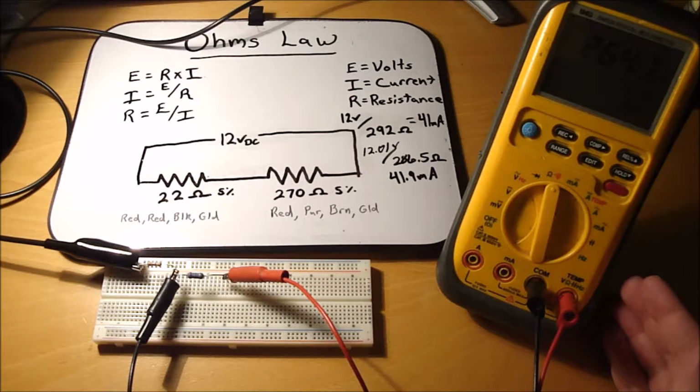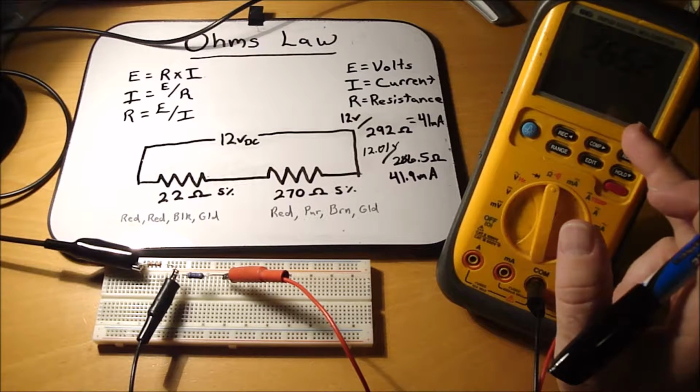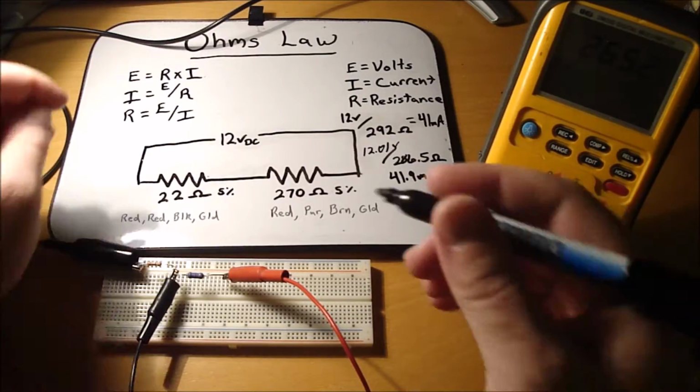Alright, so that resistor is actually reading... let it stabilize here. Alright, so that resistor is stabilized at 265.2 ohms.